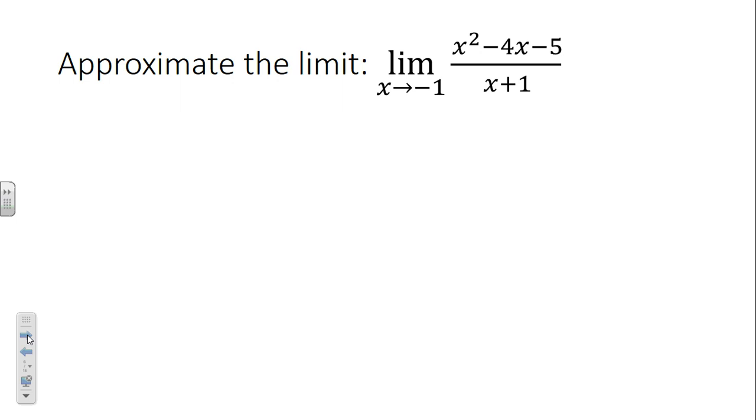Now, when they say approximate the limit, I'm not sure why I had this one as a particular example, because we could evaluate this one algebraically, right? When we evaluate this algebraically, we notice that when we plug a -1 in, we're going to get a 0 in the denominator. So we're going to try to factor. Does it factor? So x plus 1 times what?